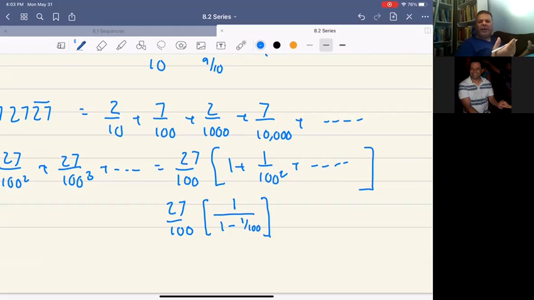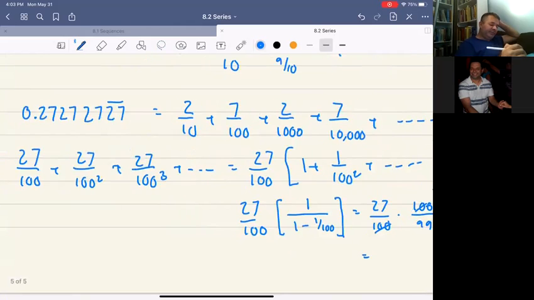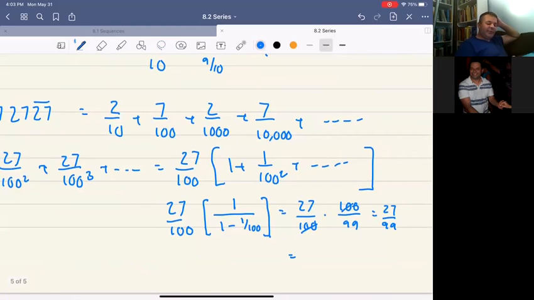Okay, 1 minus 1 over 100, 99 over 100. So 27 over 99. That's a fraction. Actually, we can reduce it. We can reduce that to what?